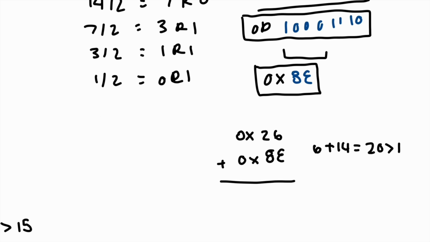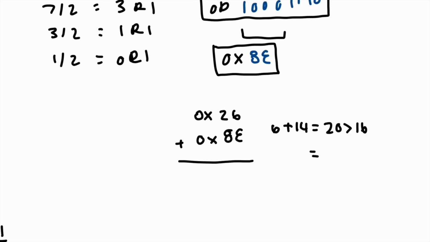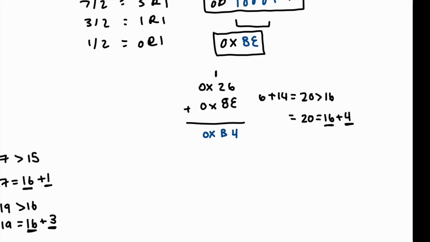That's greater than 16. So 20 is equal to 16 plus 4. That 16 is getting carried over. That 4 goes down here in the remainder. 16 goes up here as 1. 1 plus 2 is 3. 3 plus 8 is 11, which is B in hexadecimal.